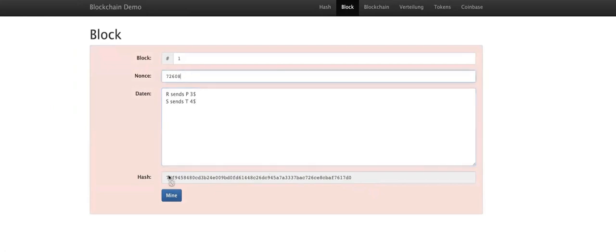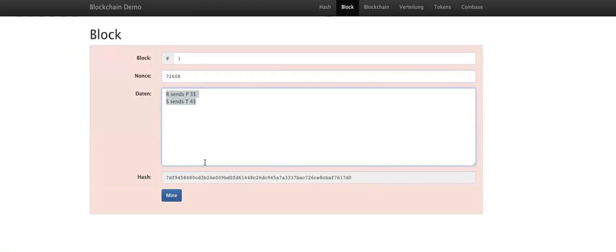If we wanted to mine the block, so basically set our transactions in stone and actually execute them as well, because thus far these transactions are not executed. They are basically just listed in the memory pool. So they're waiting to be transacted, but they have not been transacted just yet.